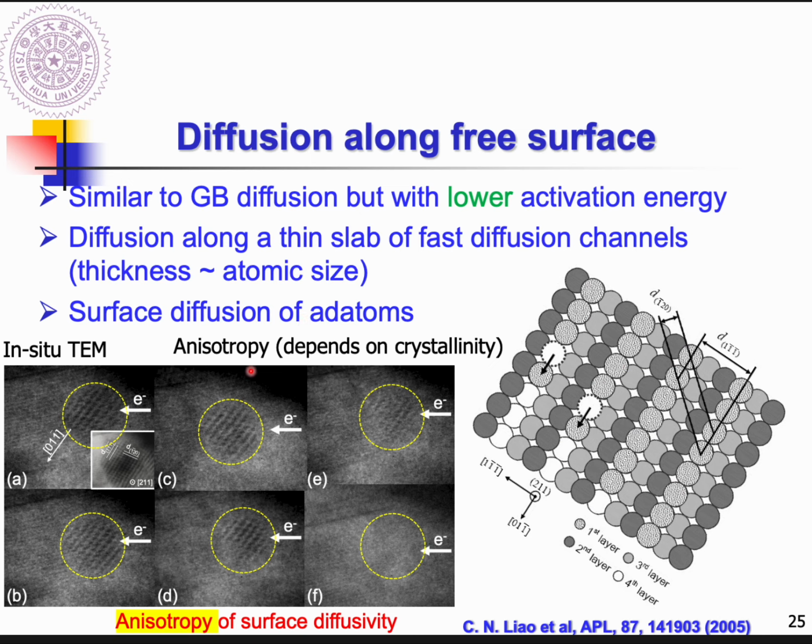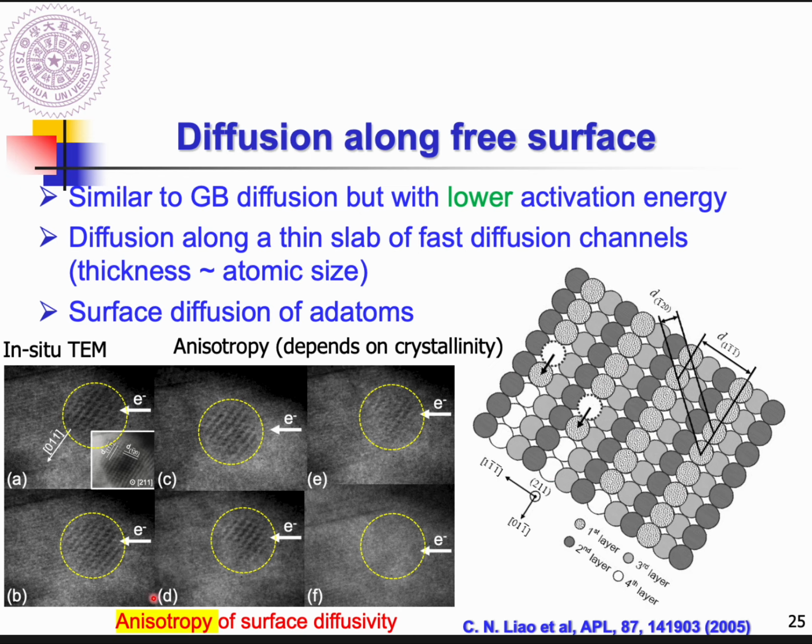This diffusion pattern belongs to an anisotropic diffusion mechanism, and it depends on the crystallinity, because the moving, diffusing atoms move through specific directions due to crystallinity.